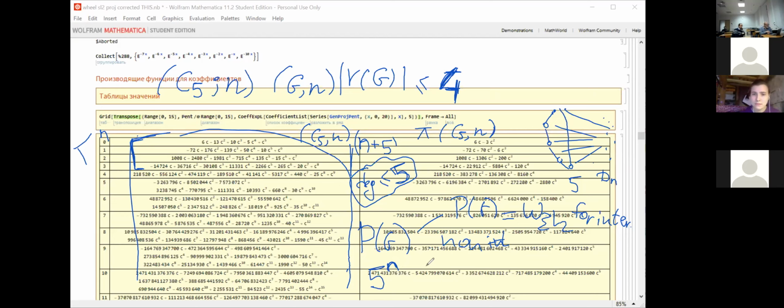So it's impossible to use them if we want to find the value of our weight system on a chord diagram with, for example, 20 chords. It's impossible. So it's nice that we have some generating functions in some cases.